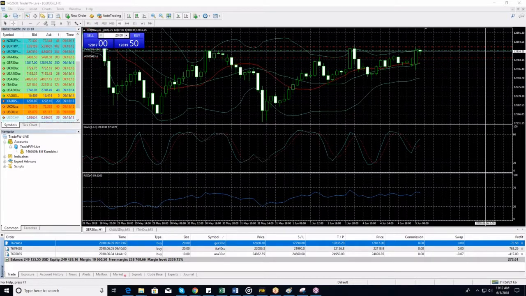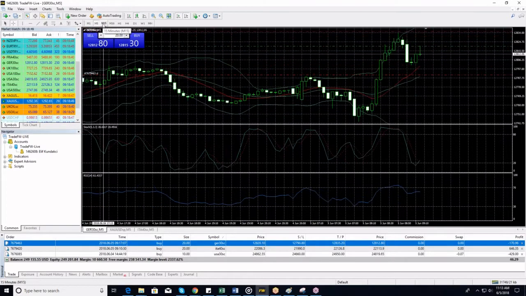We entered at 12,820.10, and our stop loss is at 12,790.80, and our take profit is at 12,835.20. So we will get some money out there. For everybody who didn't enter with me right now, you could even enter now to get a better price.